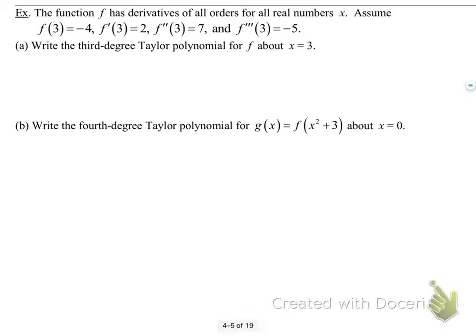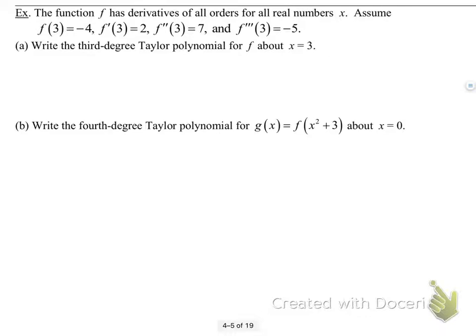Okay, so here we go. The function f has derivatives of all orders for all real numbers x. Assume that f of 3 equals negative 4, f prime of 3 equals 2, f double prime of 3 equals 7, and f triple prime of 3 equals negative 5.